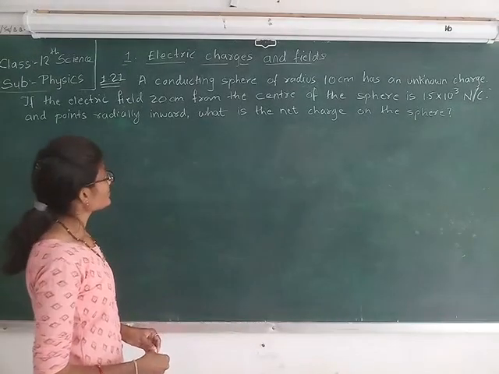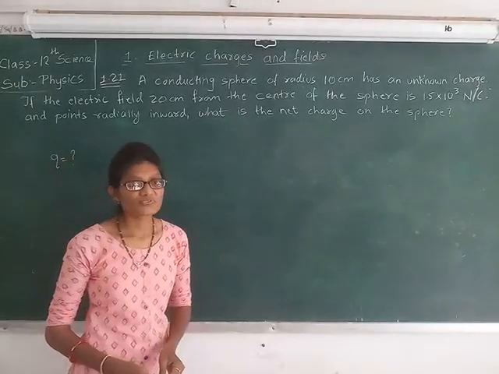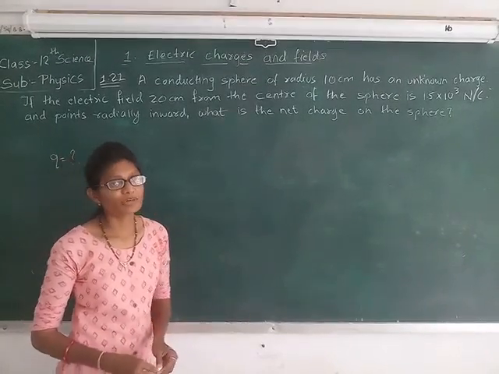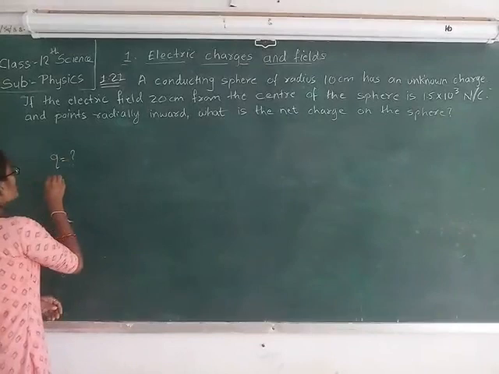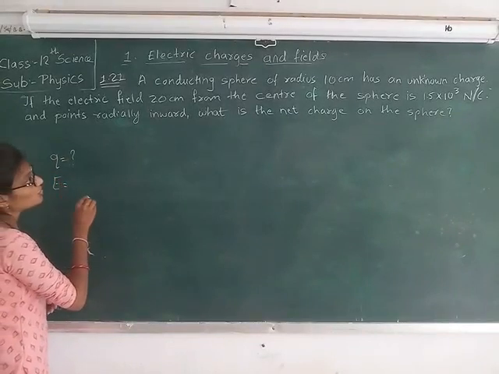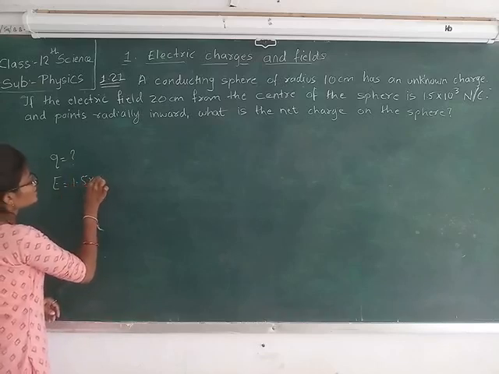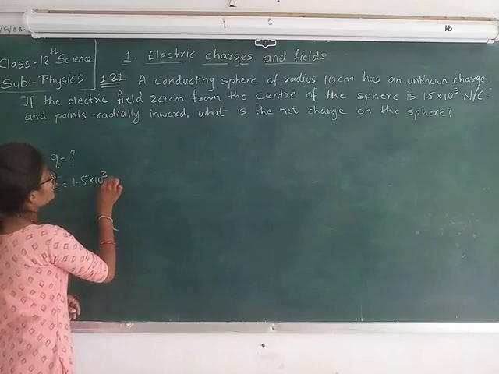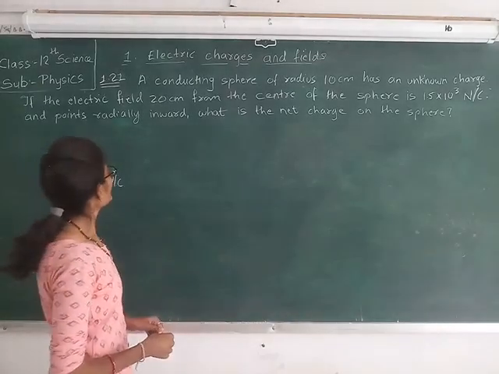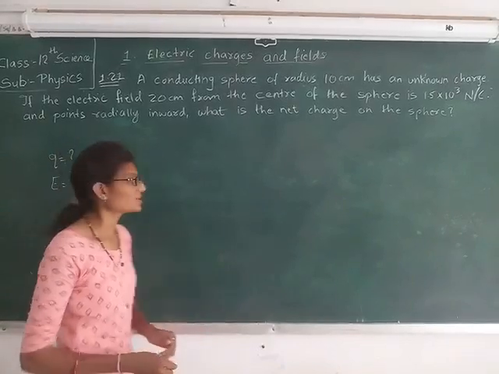The electric field 20 cm from the center of the sphere is 1.5 into 10 raised to 3 Newton per Coulomb and points radially inward. What is the net charge on the sphere?